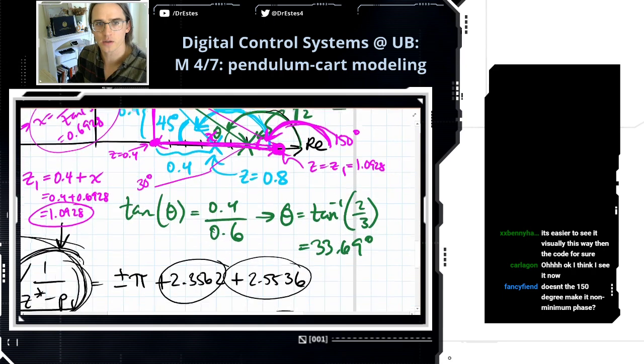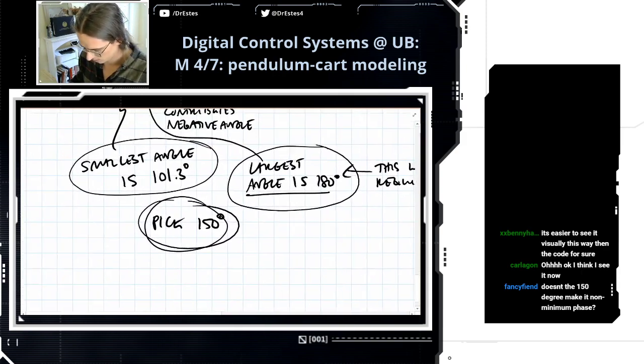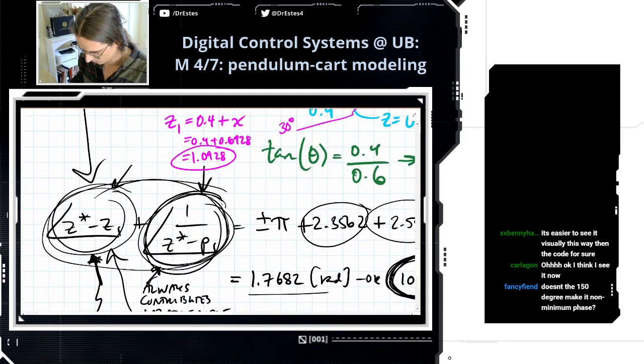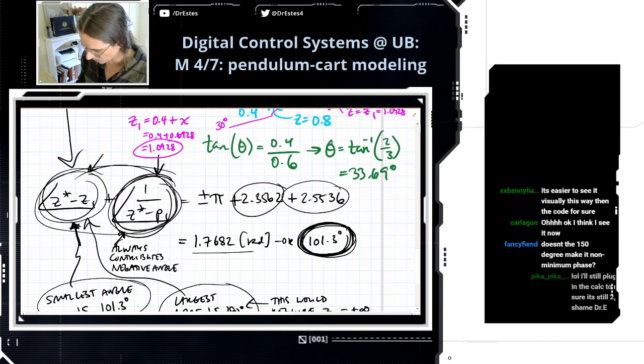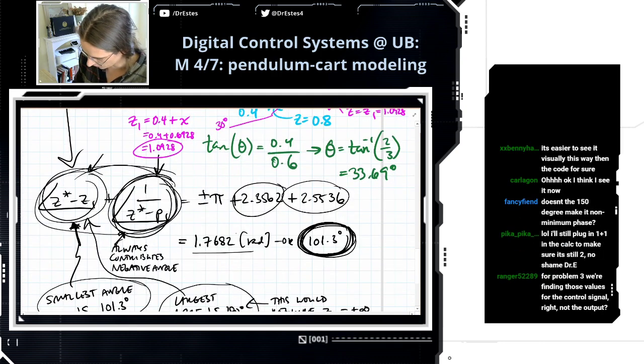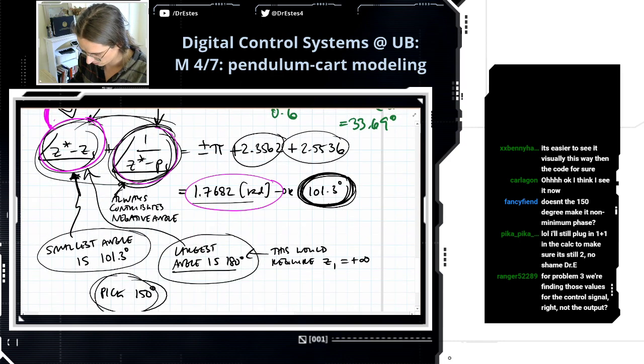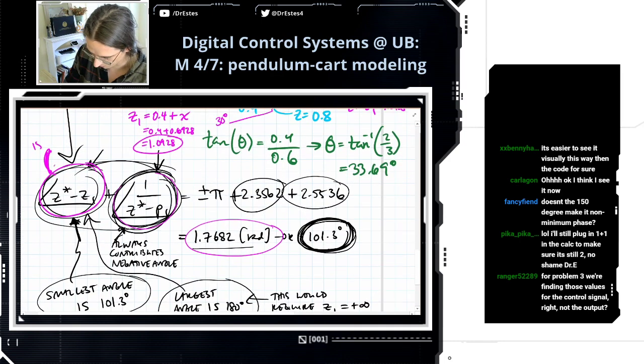So we put that there. Okay, so we know that the combination of the zero and the pole has to make this angle, and I arbitrarily picked 150 degrees for this, and we found that z1 has to be at 1.0928 to do that.